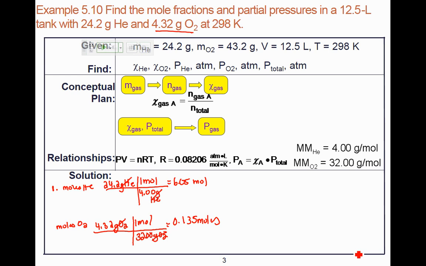So we can get our total moles. The total is going to be our moles of He plus our moles of O2. Now remember, we cannot add together our grams and then convert to moles, because He has a different molar mass than O2 does. So we must convert to moles first.